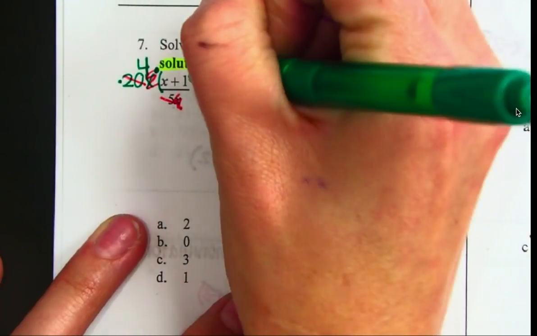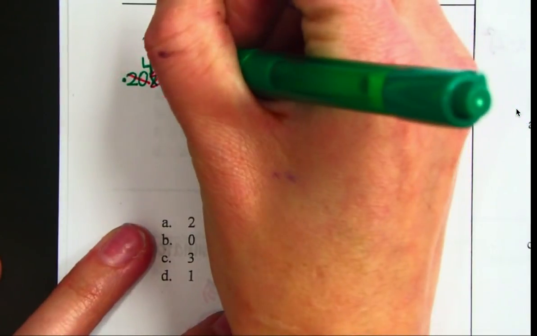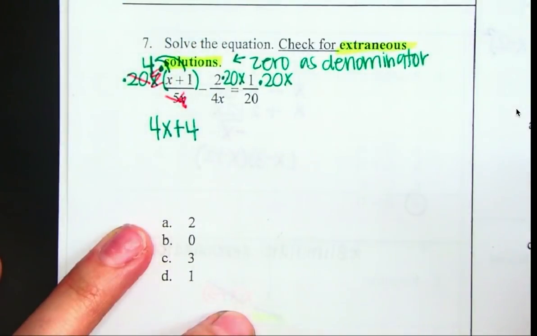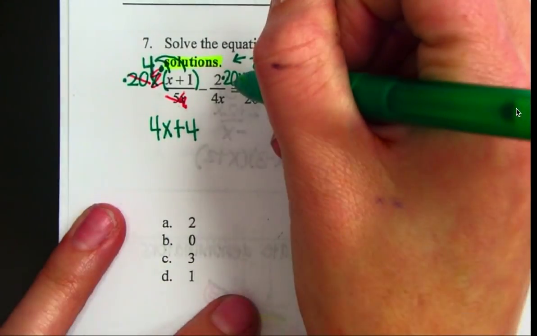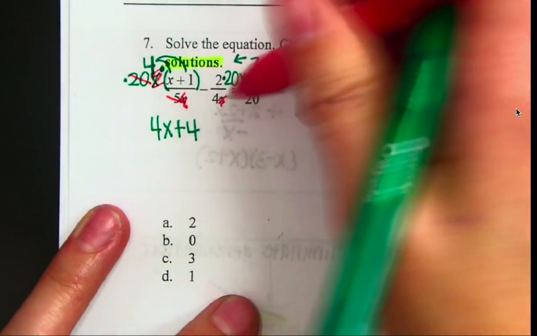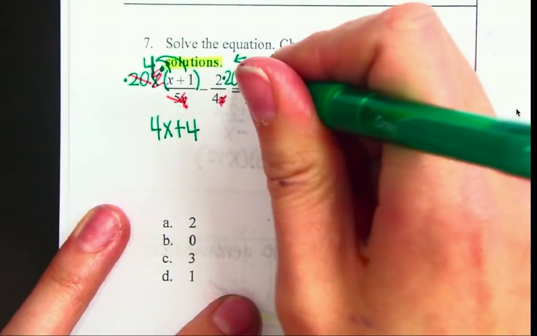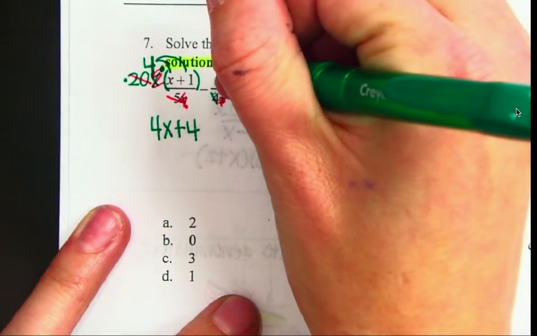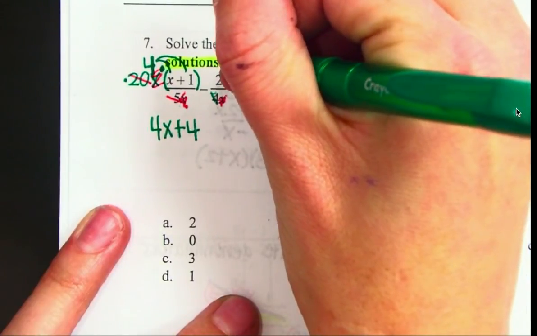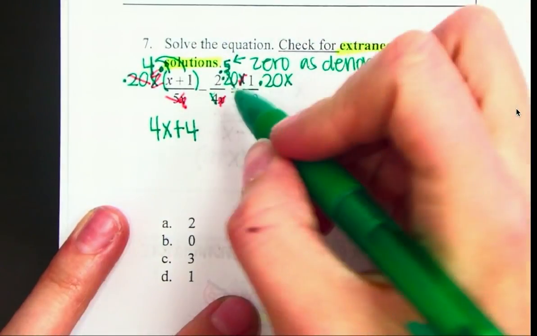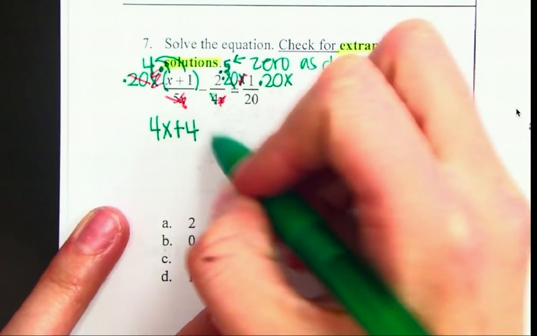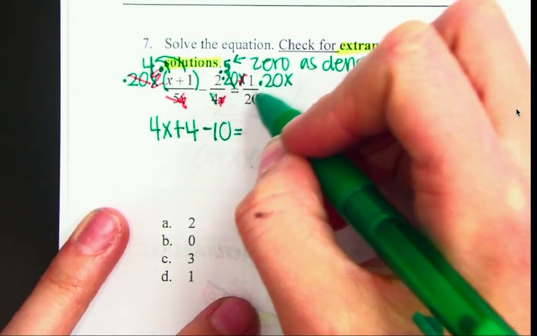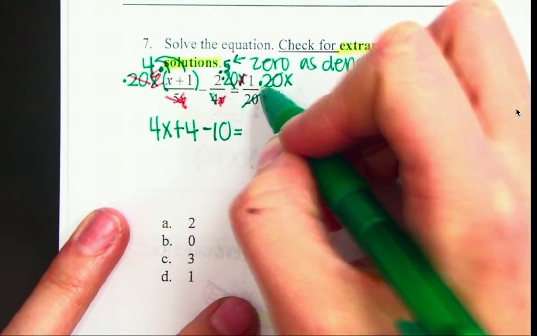So you can use some parentheses and distribute, and you get 4x plus 4 for that first part of the equation. Then over here, our x's are going to cancel, and we're left with 20 divided by 4 is 5. And you're still multiplying that 5 by this numerator, the 2. So it's going to be negative 2 times 5 is negative 10. That's equal to, over here, I just have the 20s that are going to cancel, and I'm left with 1 times x is 1x.